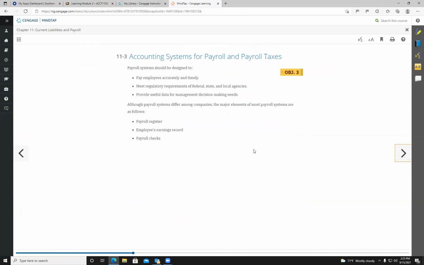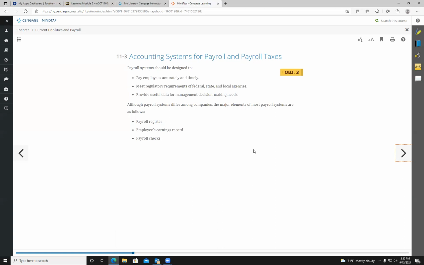So, accounting systems for payroll and payroll taxes. First of all, an accounting system is whatever system and procedure you set up for calculating and recording payroll. The payroll system should be designed to pay employees accurately and timely.